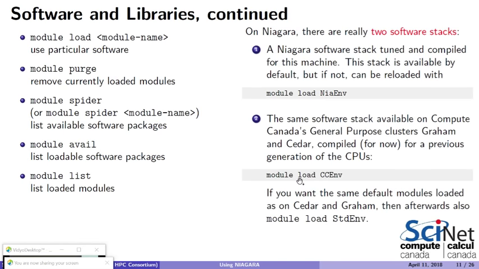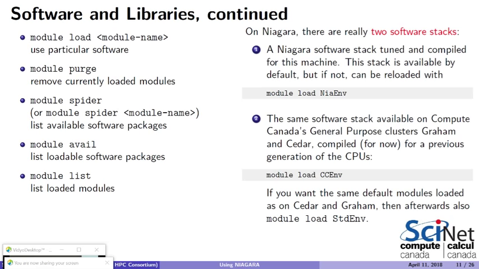Now, one thing that we do, and we feel this strongly, is that when you log in, you shouldn't have any modules loaded. Why? Because at some point, you're going to change your workflow. You've worked on a machine for a year or two, you have a new project, you need a newer compiler. But all these other things are loaded by default already and are now conflicting with your new jobs. So the best thing to do is not to load any modules by default. But that's not how it's set up in Cedar and Graham.